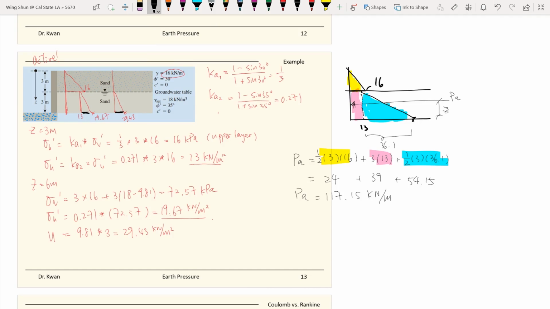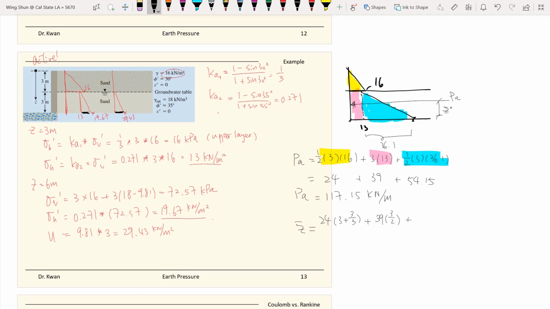Again, we take the moments at this point, with the moment arms, and solve for the moment arm of the resultant force. Which equals your first loading that you got, which is 24, and the location is 1/3 from the first triangle, plus now this is the rectangle, the second part. The moment arm is half of its height.